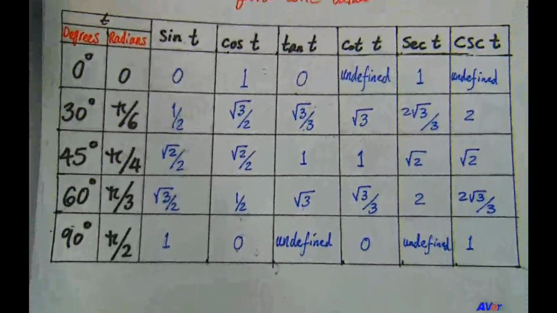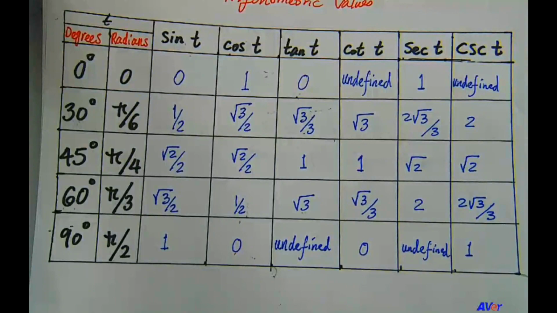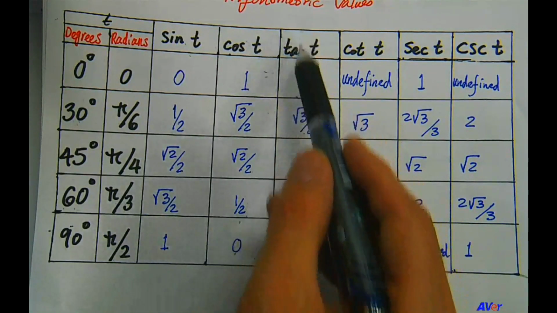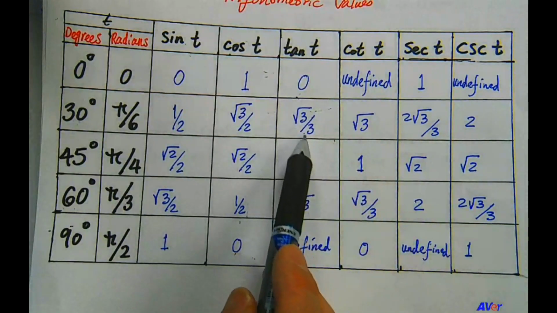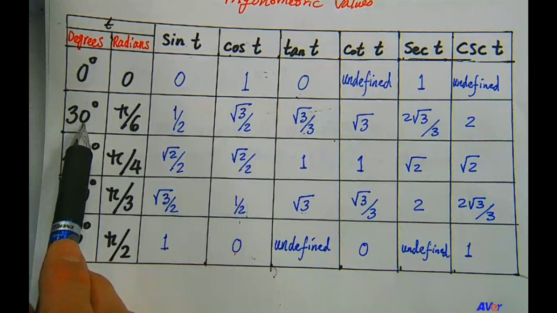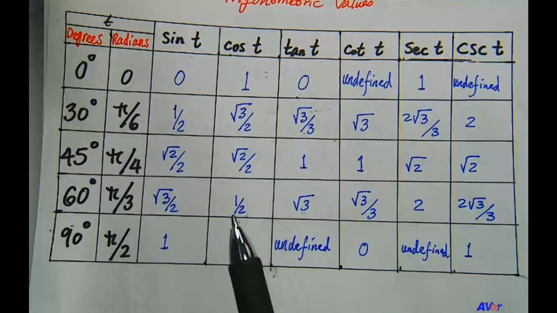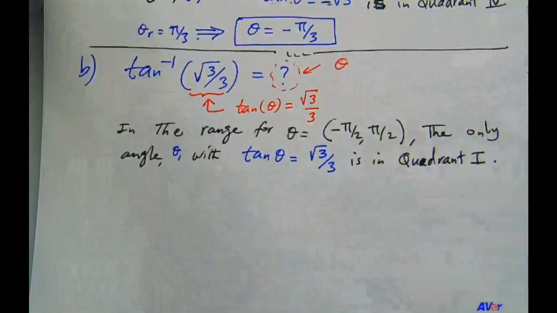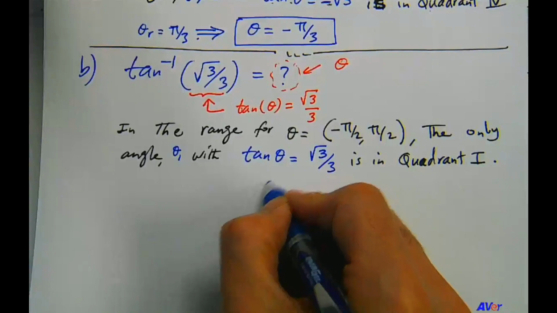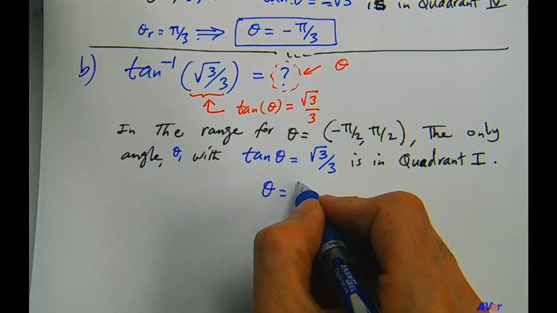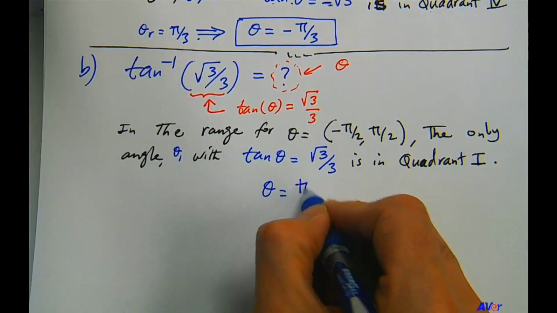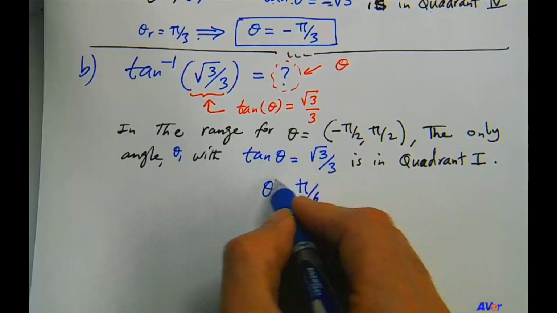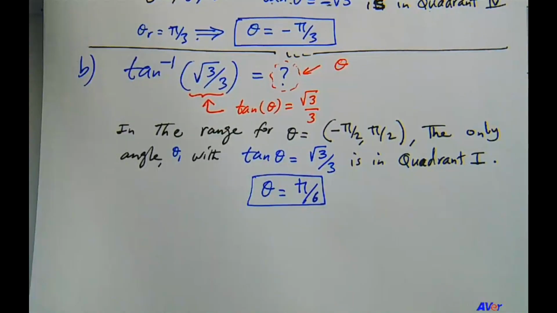And here, back to our special trigonometric values table, we're looking for the tangent equaling positive square root of 3 over 3. What angle is that? It's pi over 6. We're in quadrant 1, so the reference angle is equal to the angle we're looking for. So theta, or that question mark, must be pi over 6.